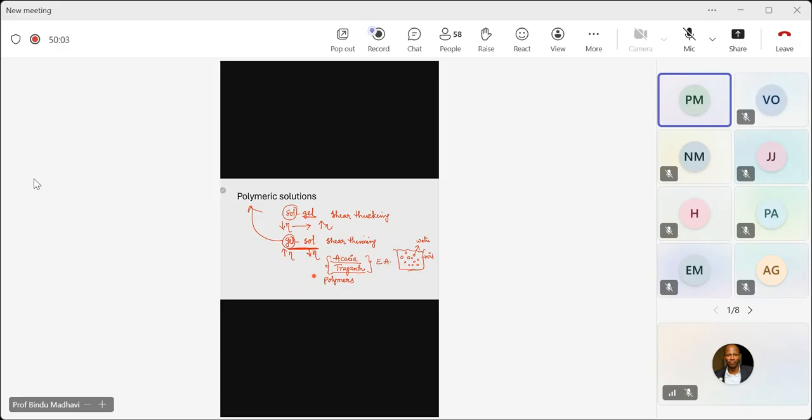So now we prepare the emulsion. Emulsion is ready by using acacia and tragacanth. Now when this emulsion is shaken before using, we are applying shear. So what happens to the viscosity of the system when we apply shear?